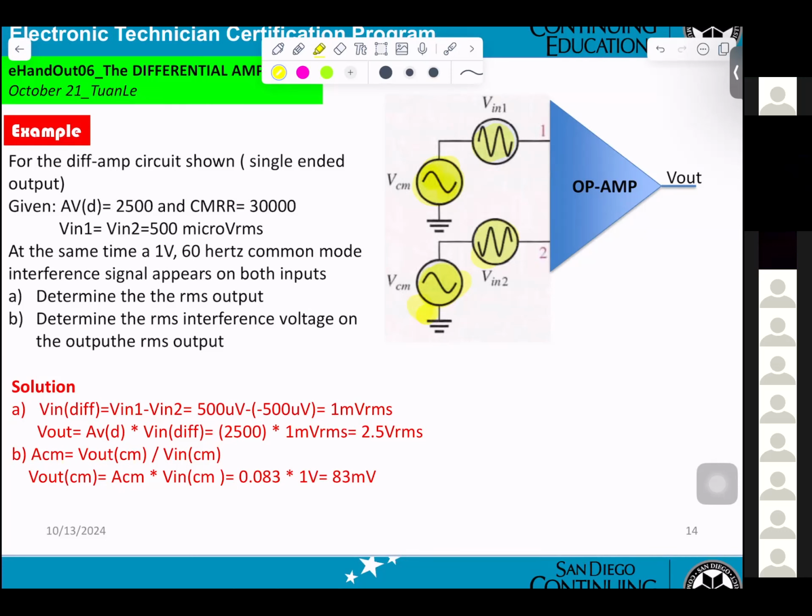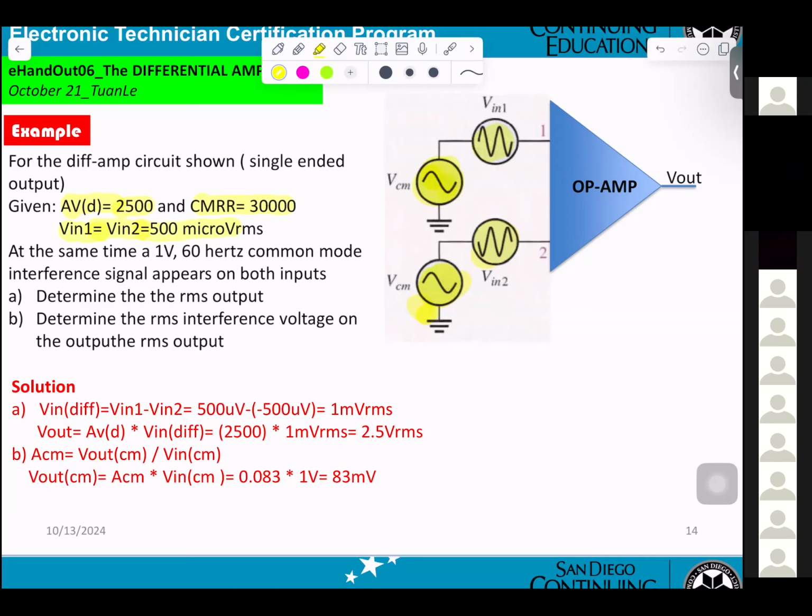For the differential amplifier, they give AVD 2500, CMRR 30,000, V in 1 equal to V in 2 equal to 500.